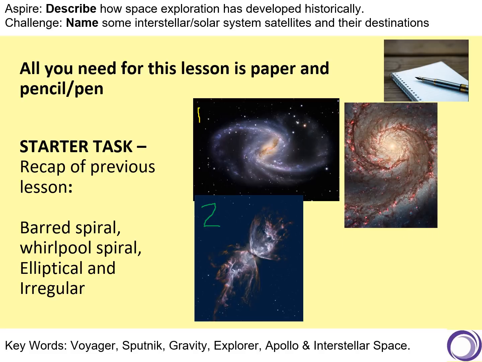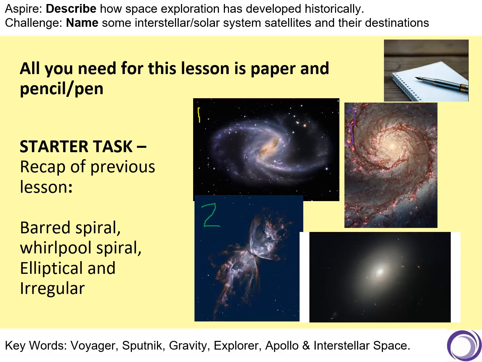Number 3, we will use the outward purple. So strange looking 3. And number 4, we should go with red. So there we go. 1, 2, 3, 4. Can you match them? And let us start with number 1.